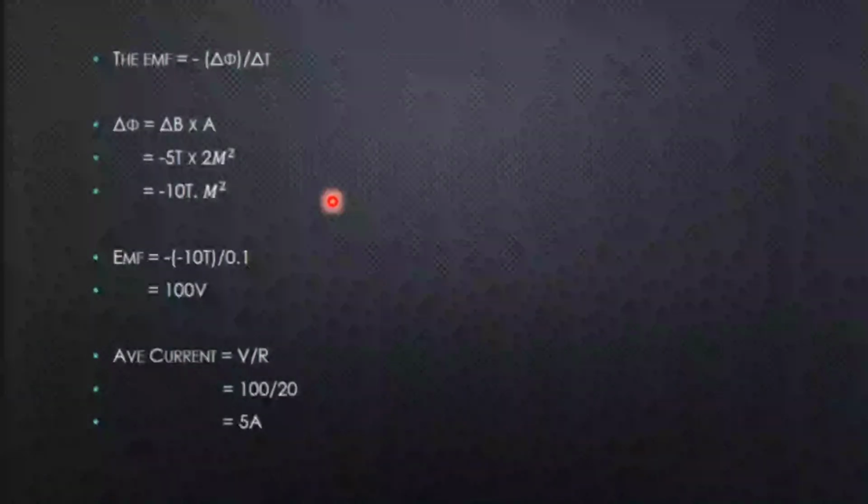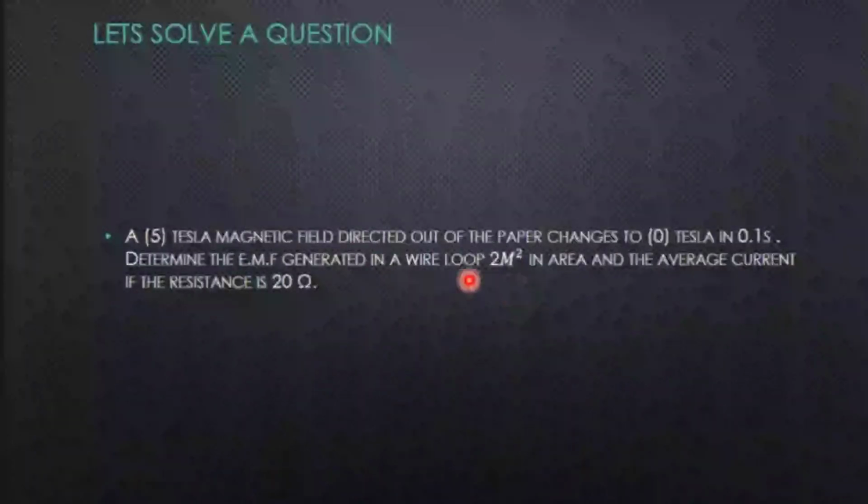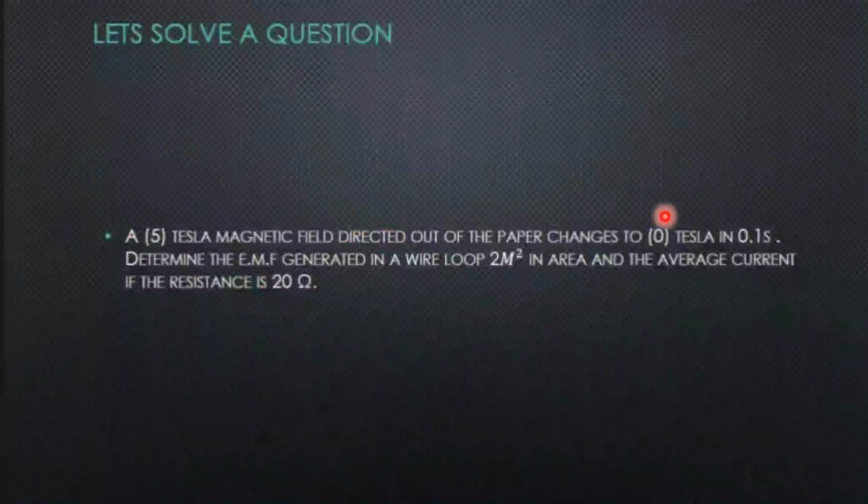So you have to find the change in magnetic flux. If you want the change in magnetic flux, it should be either a change in area or a change in magnetic field. Since the area is fixed here, 2 meters square, we're going to look for the change in magnetic field.